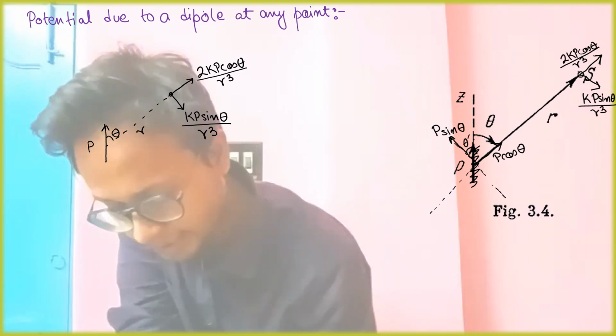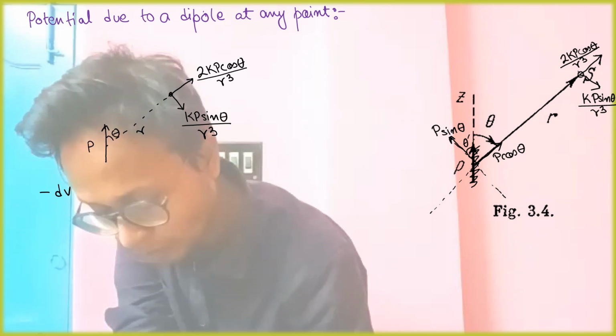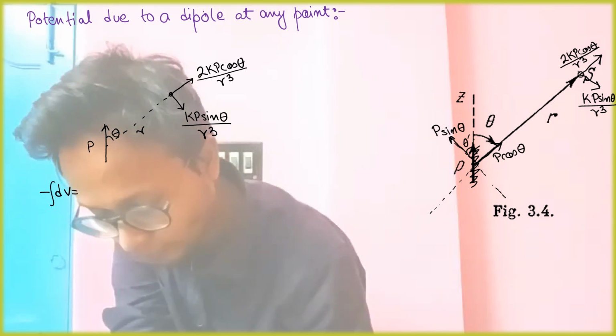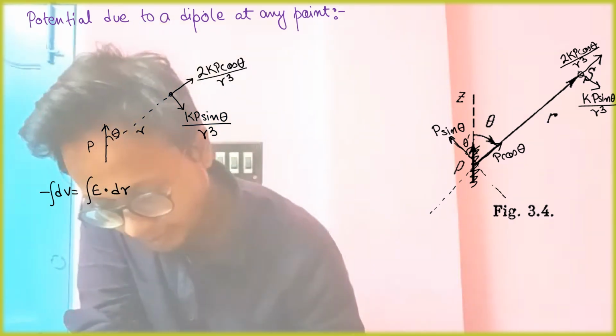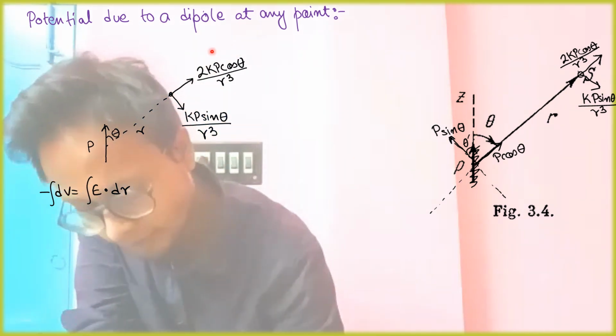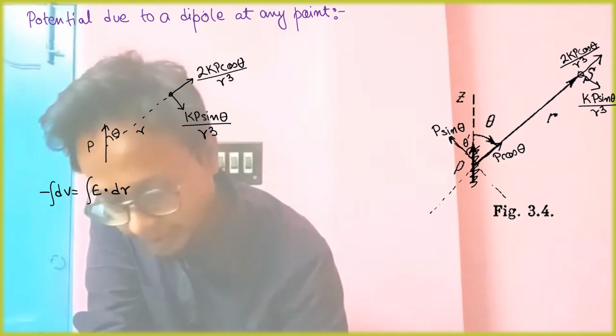So can I say work done, which is minus dV, or work done on 1 coulomb, is equal to force on 1 coulomb dot dr? Now see, this potential would only be developed due to this electric field, because the other electric field does zero work.